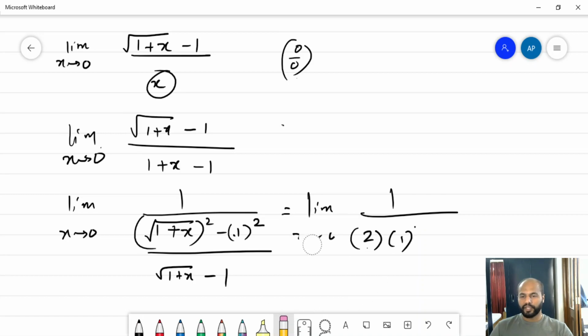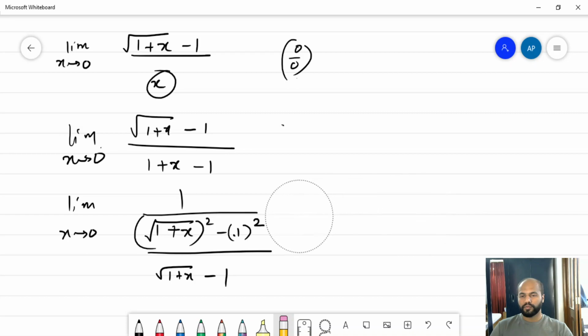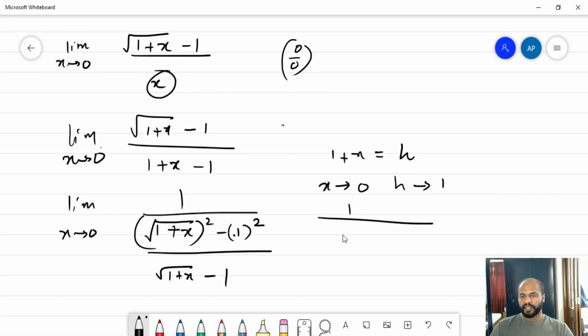There is a slight change over here though. So we have to slightly shift this limit. So this time what we'll do is, we will take root over of 1 plus x. We will take this as h. So as x tends to 0, h tends to 1. So there will be a slight change now.